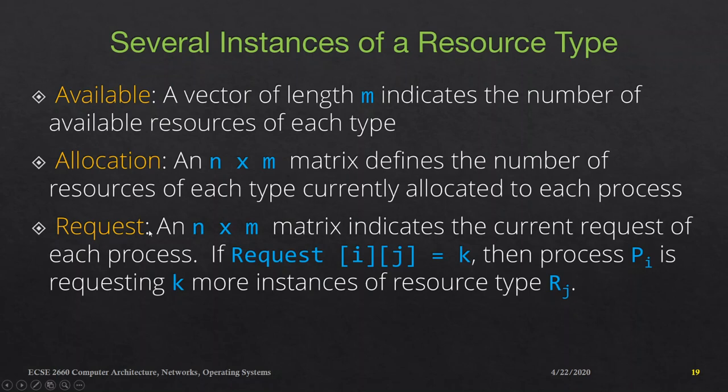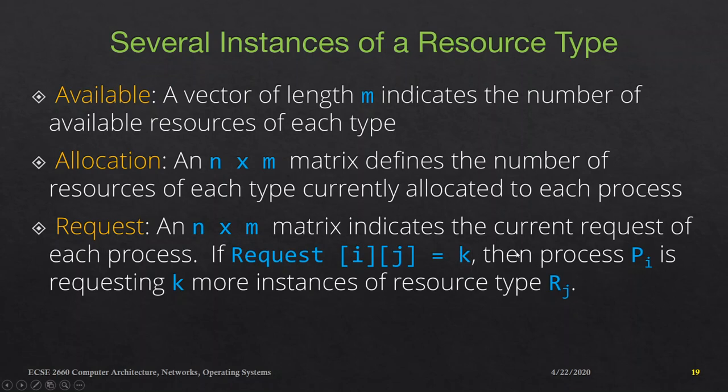Request is also the same size matrix, n by m, n rows, m columns. But now instead of allocation, it indicates requests. So this indicates the current request of each process. Suppose the request at row i, column j is k.